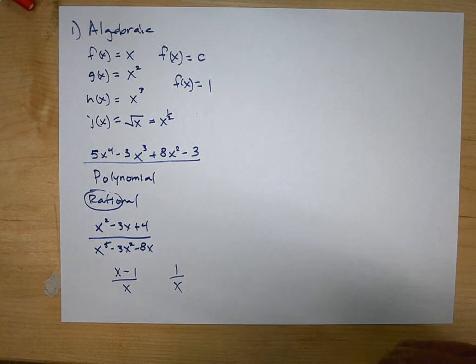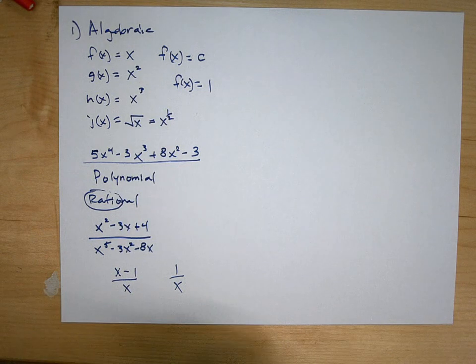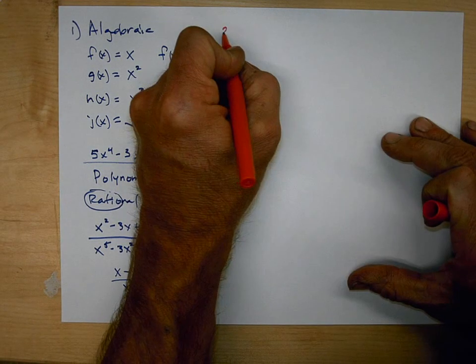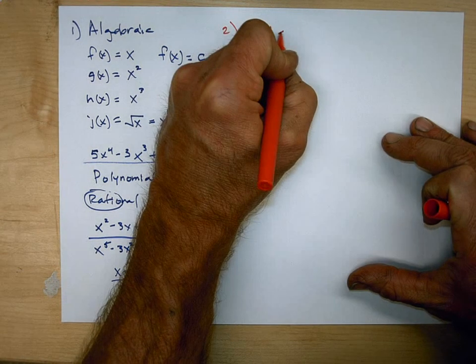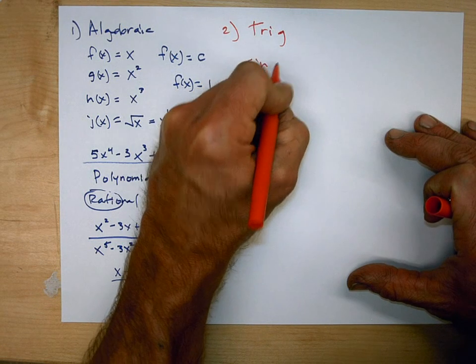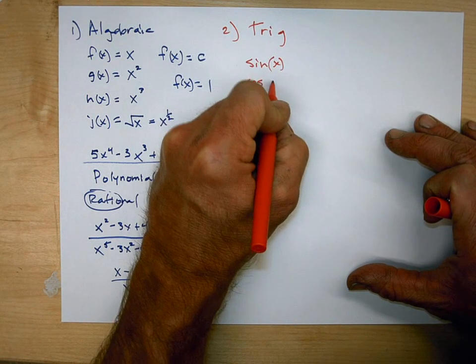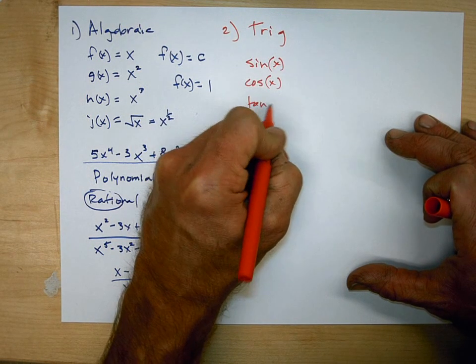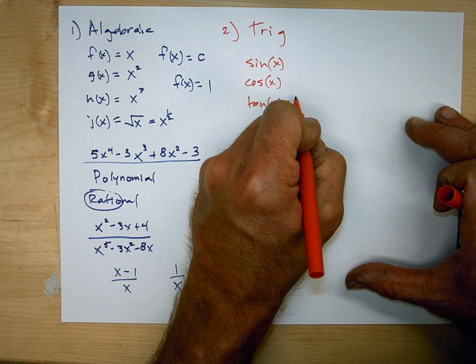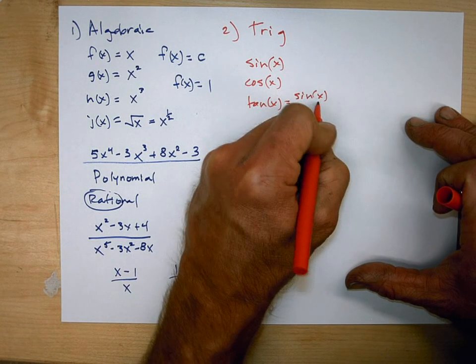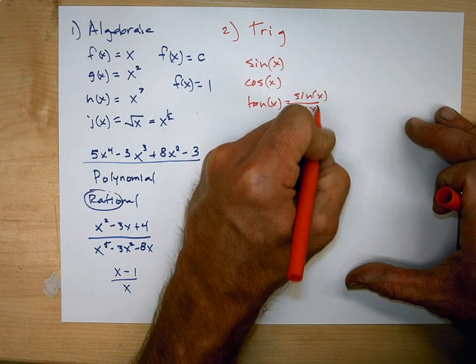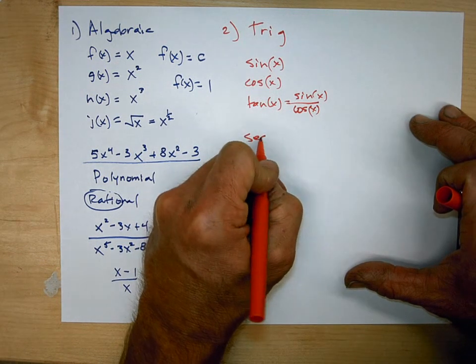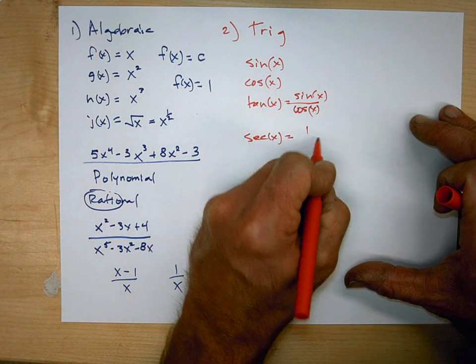Then another class of functions are trig functions. This could be something like sine and cosine and tangent. Recall that the tangent can be defined as sine over cosine. Secant, which is 1 over cosine.